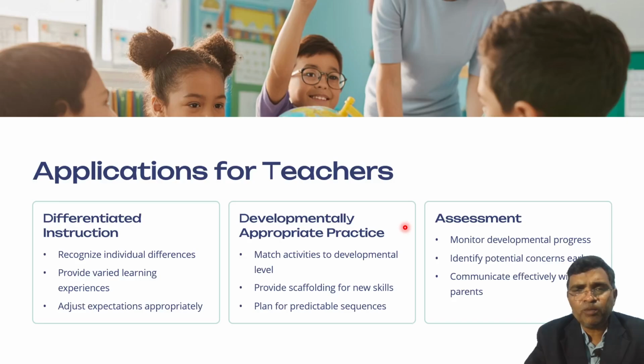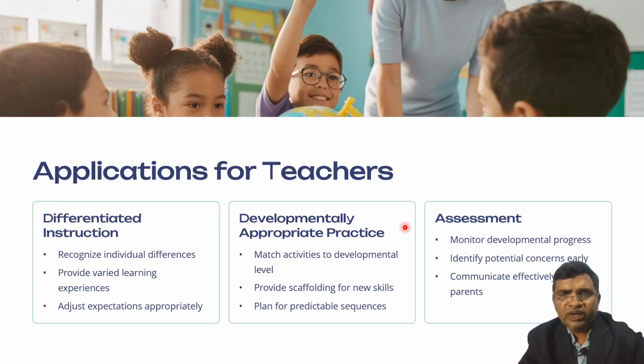Then developmentally appropriate practice. Match the activities to the developmental level. If you are giving some activity, it should match the particular age group. Provide scaffolding for the new skill. You have to give the opportunity to learn the new skill. Plan for a predictable sequence. Whatever you are doing as a teacher, you should make it sequential. Then assessment. You should monitor the development process, how they are developing.